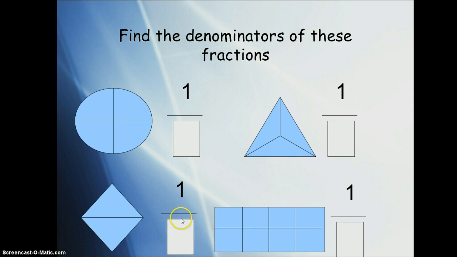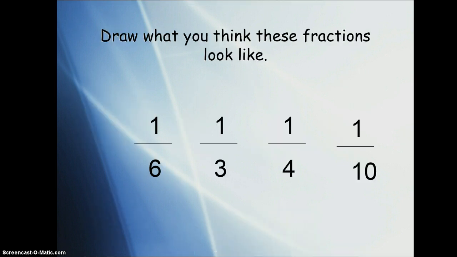And the last one, if you're looking at all of these the same equal shapes that make up this big rectangle, how many whole shapes make up that whole rectangle? The denominator would be, if you said 8, you were correct. There is 1, 2, 3, 4, 5, 6, 7, 8 shapes that make up that rectangle.